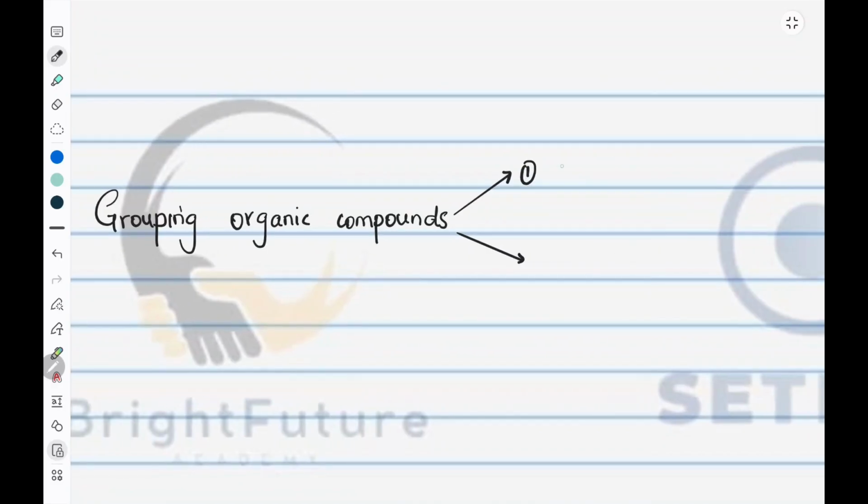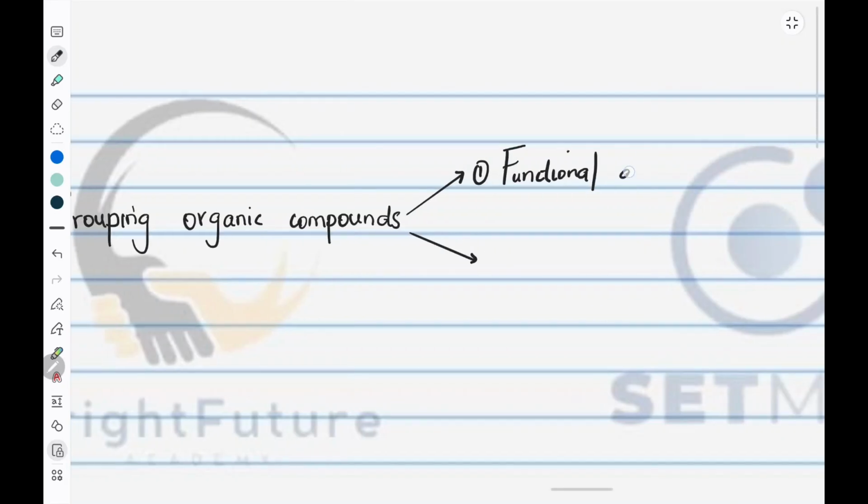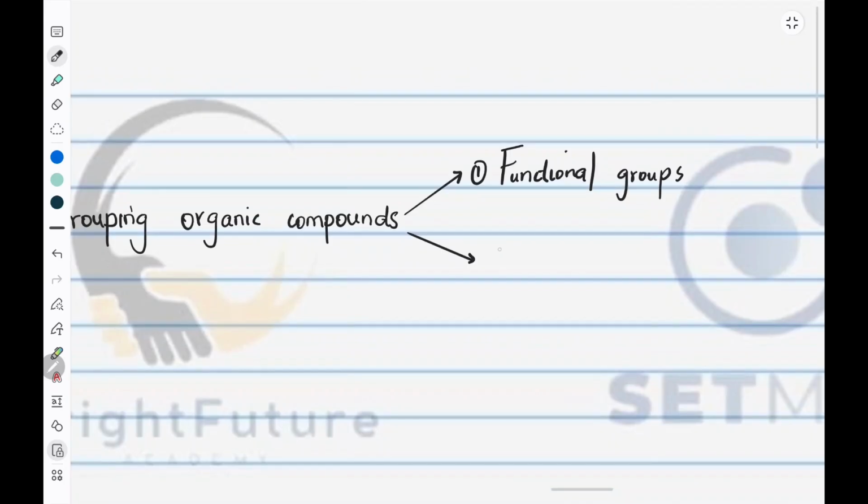One, we'll call this one a functional group. And then secondly, you'll have a homologous series.